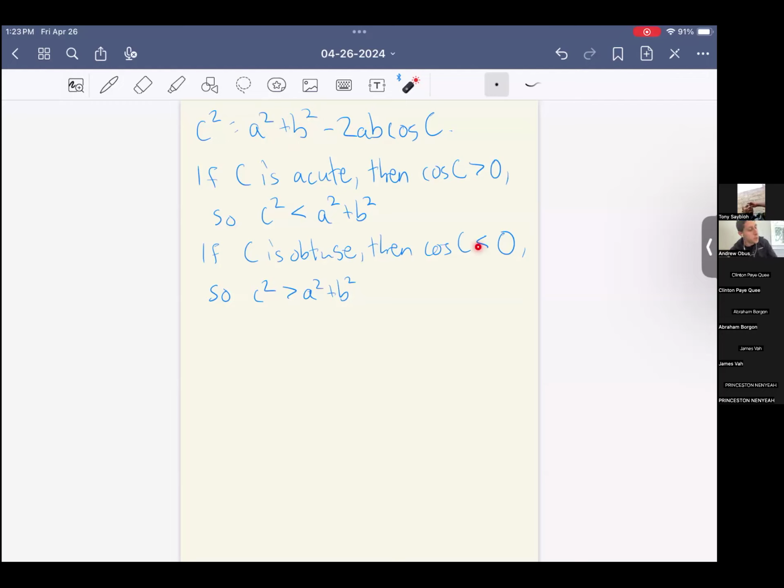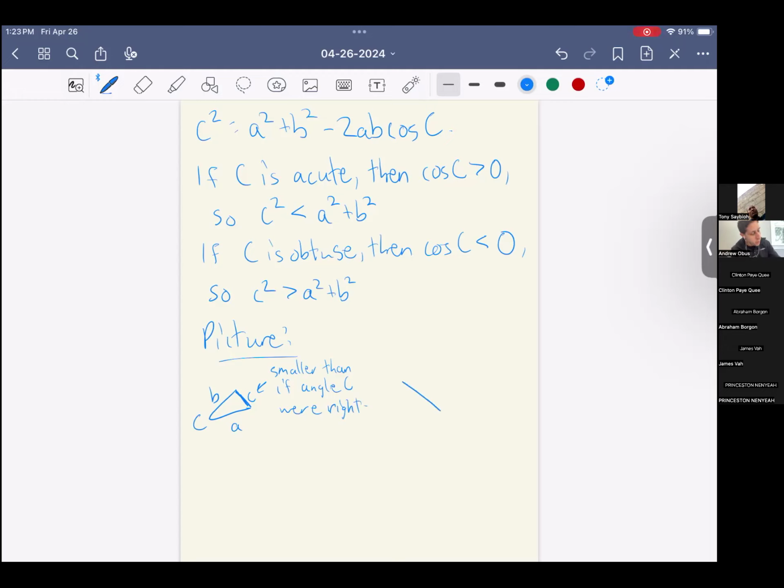So if C is obtuse, then cosine C is less than 0, so c squared is greater than a squared plus b squared. And so what's the picture here? Well, if you have an acute angle, if this is A and this is B and here is C, then side c is definitely smaller than if angle C were right.